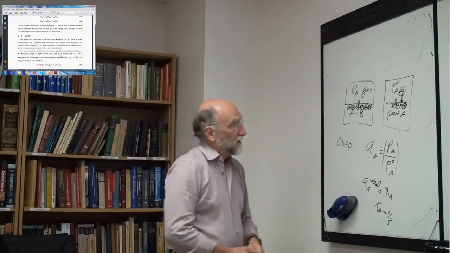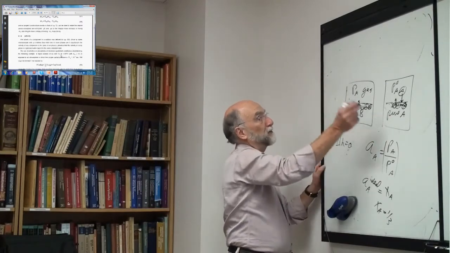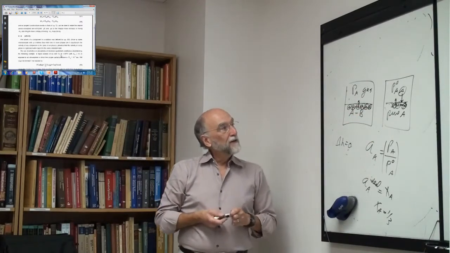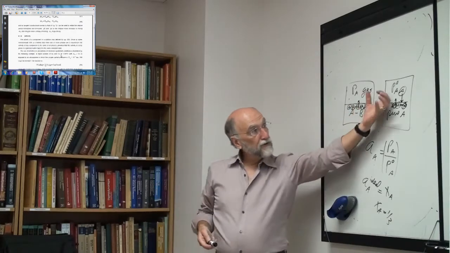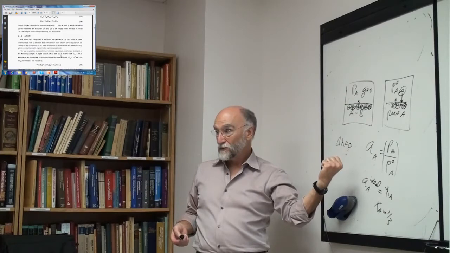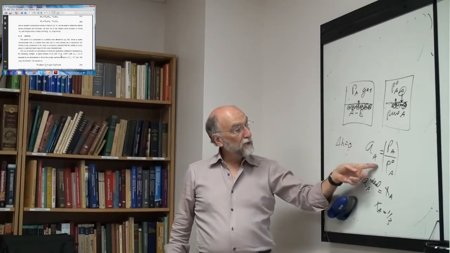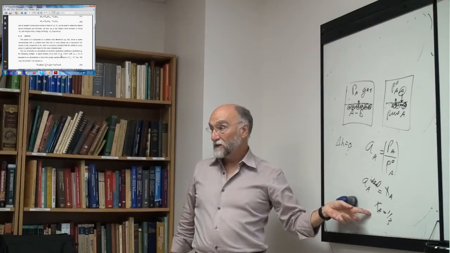All right, if the bonds in the solution are stronger than in the pure material, that holds the material in solution, which is going to make the activity less than the ideal activity.